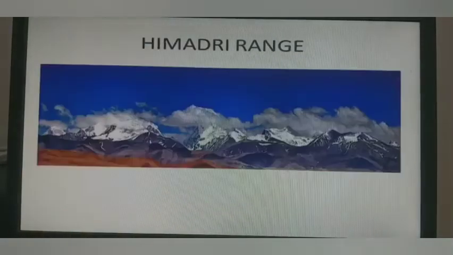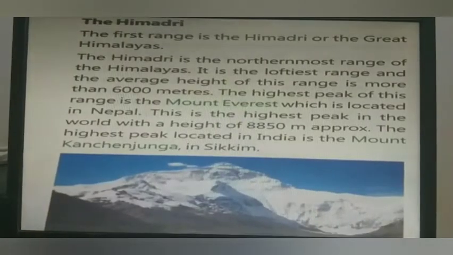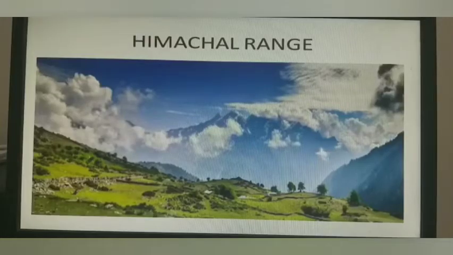We have learned that the Himadri range is the uppermost range and the average height of the mountains is around 6,000 meters. Mountains like Mount Everest and Kanchenjunga are part of this range. We have also learned about the Himachal Range.